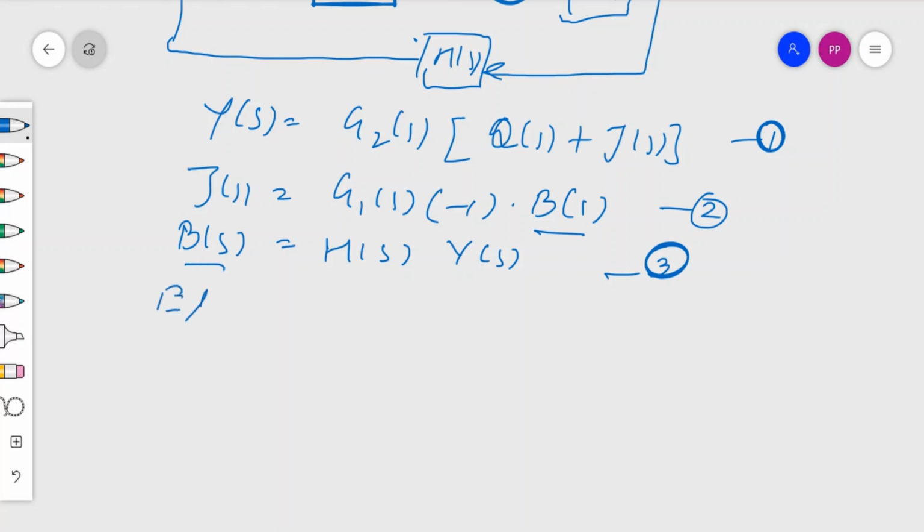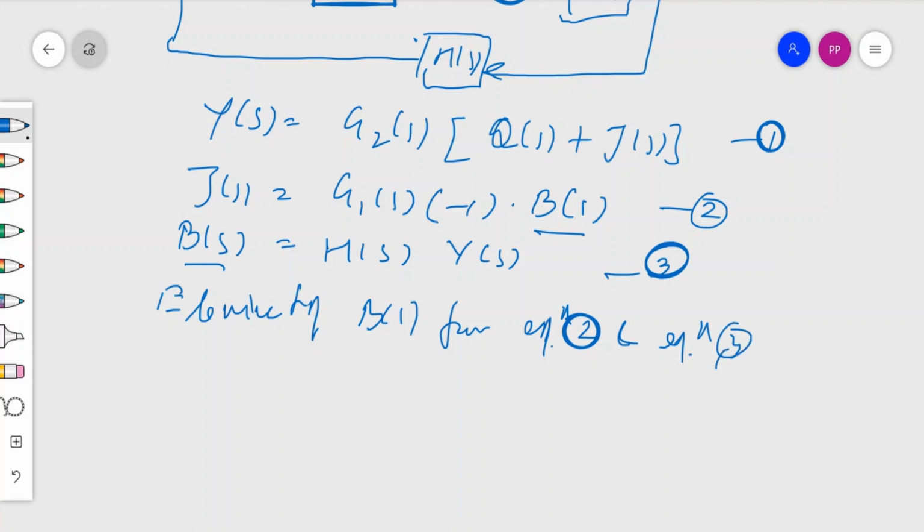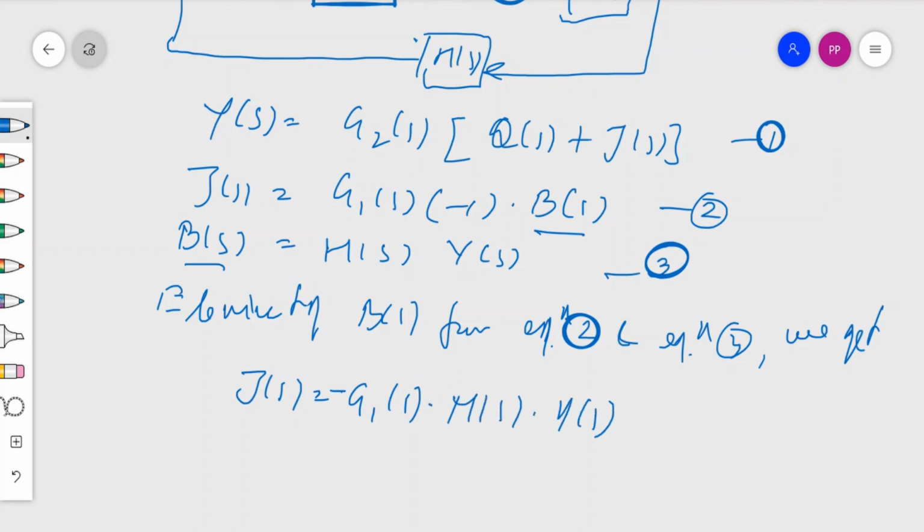Eliminating BS from equation 2 and equation 3, we get JS equal to G1S, with the minus sign in front of it, and then instead of BS I write HS into YS. This is equation 4.